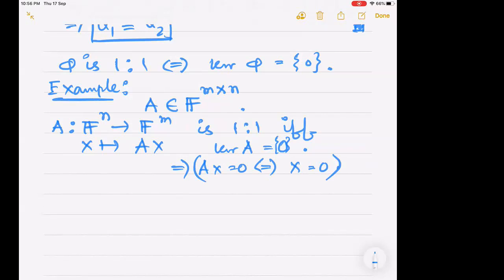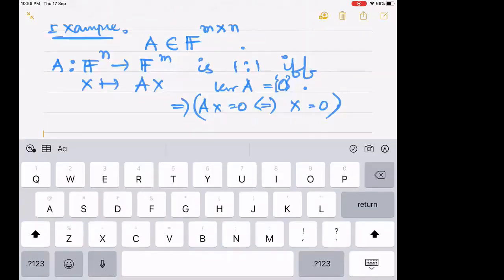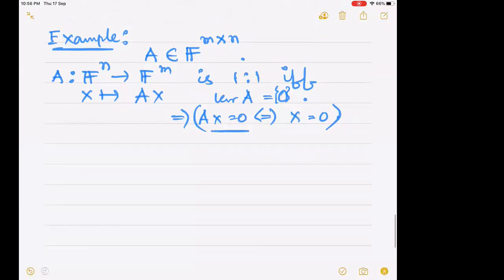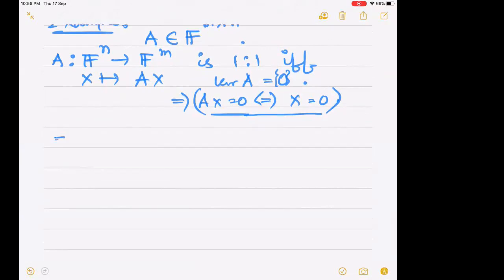And what does this mean? When does Ax equal to 0 imply x equal to 0? What does that mean? This means nullity is equal to 0.